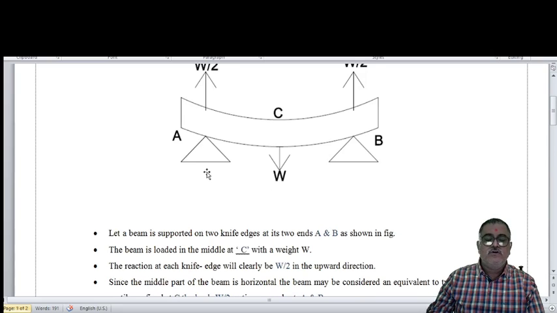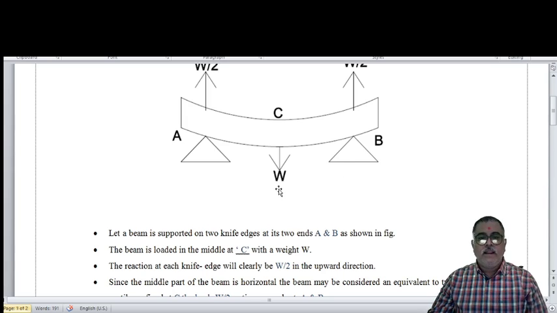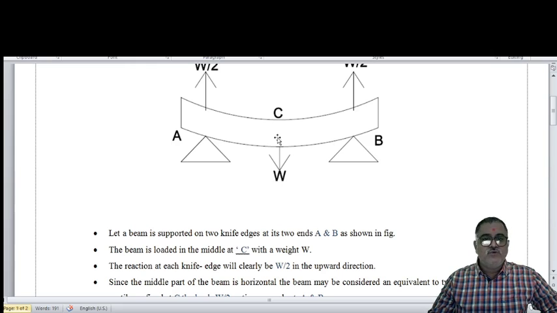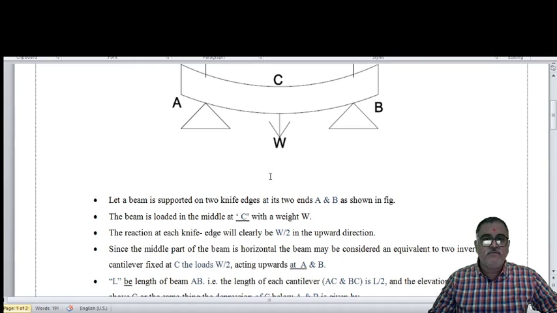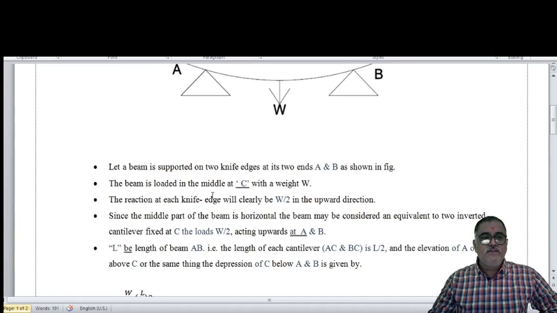See now, let us suppose that this is a beam AB and it is supported by two knife edges. These are the two knife edges, and the beam is loaded at the center, the middle. C is the center and it is loaded through the weight W. Then what happens?